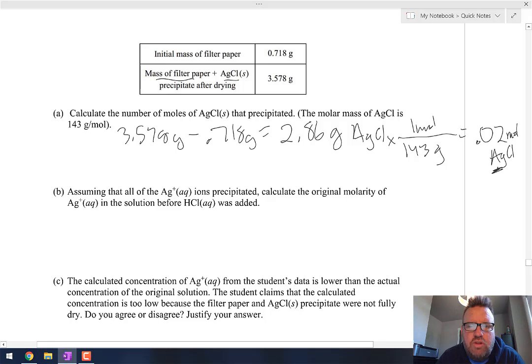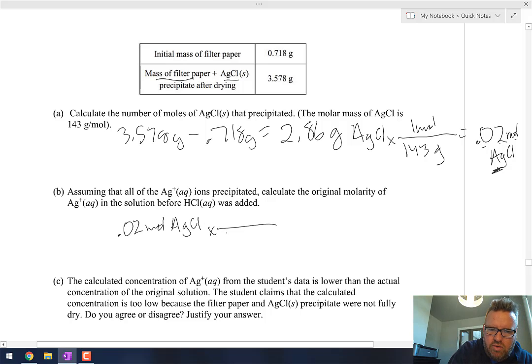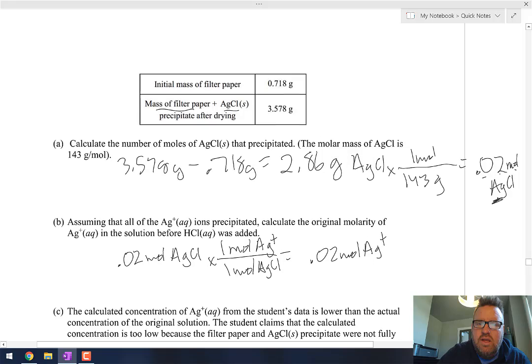Calculate the original molarity of Ag plus in the solution before HCl was added. Well, if we have 0.02 moles of AgCl, remember we did this with combustion analysis, in 1 mole of AgCl there's 1 mole of Ag plus. Okay, and so we have 0.02 moles of Ag plus, and now we just need the volume.